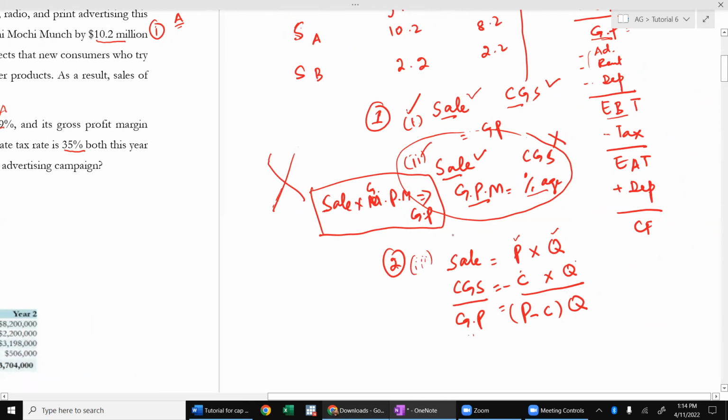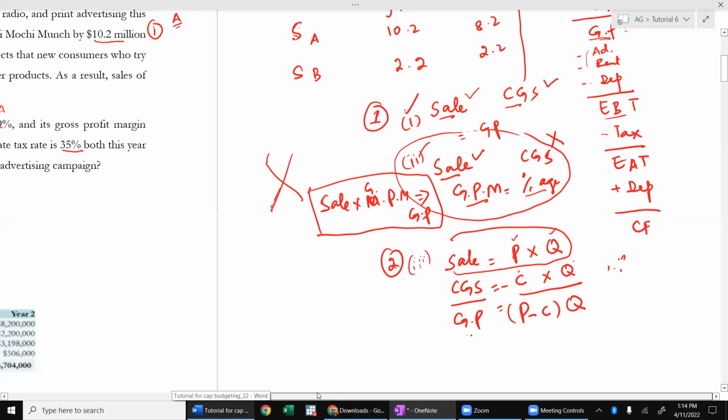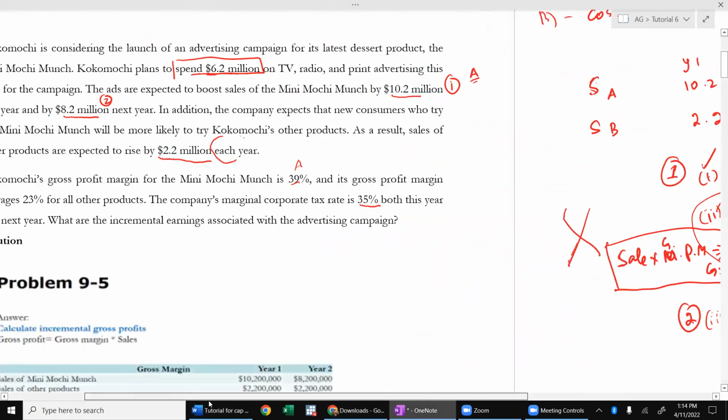Or maybe the question gives you the information of price and quantity, but for the gross profit, it will not give you cost into quantity, maybe gross profit margin. So you can expect some variation in the information of the question. This is a very important point that you should remember, these two pieces of information. Once you know that, questions become very easy.